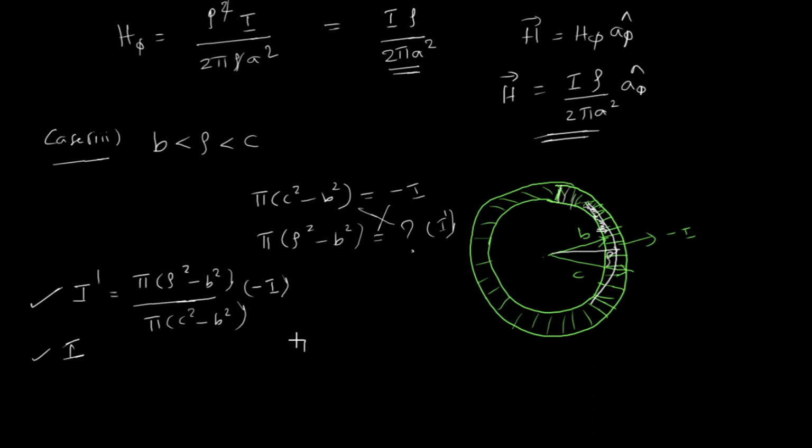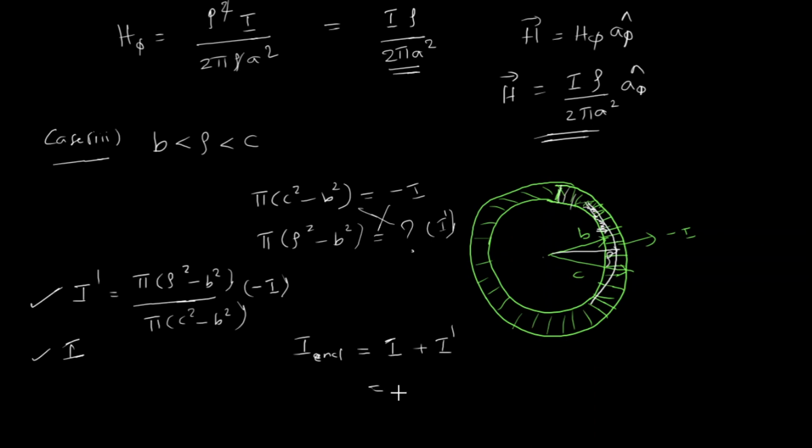So my total I enclosed in this case will be the inner conductor current I plus this portion of minus I, that is I dash. So the total current flowing is I enclosed, which is I plus I dash.